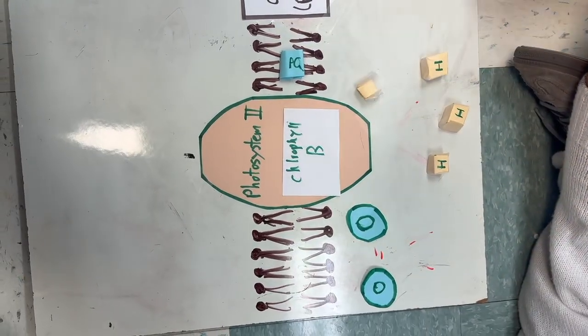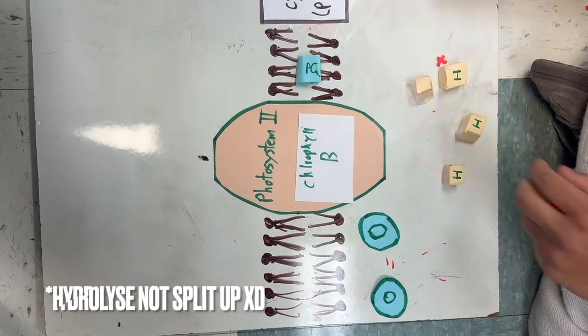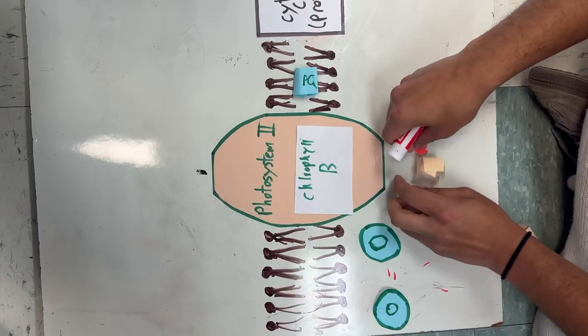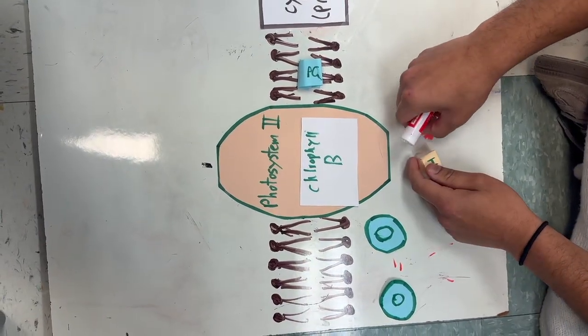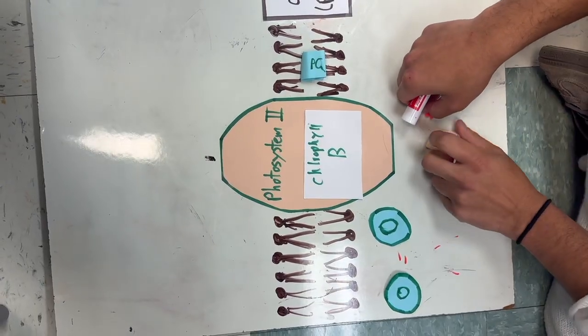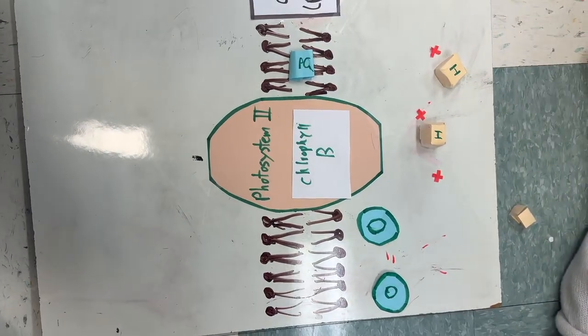So the water molecule will split up, forming O2 and H plus ions, and two of the H plus ions will go to photosystem 2 and replenish the electrons that were previously in the photosystem.